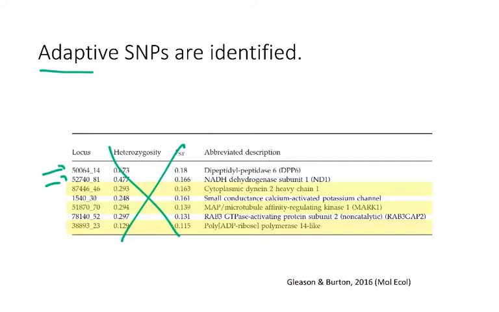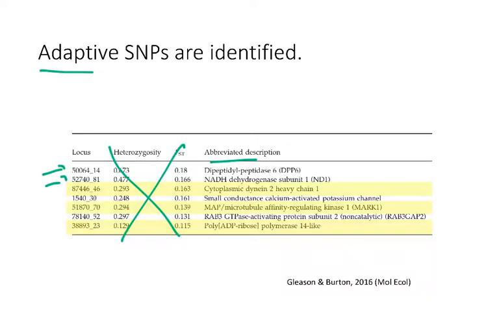This is essentially different contigs that we've then identified SNPs in. By comparing our sequences to known databases, we can figure out what particular regions of the genome these SNPs are in. That's this abbreviated description column here on the right.